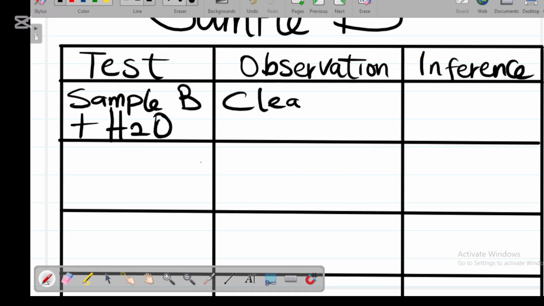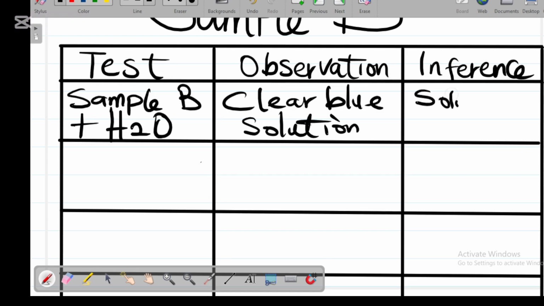The observation is clear blue solution. And your inference should be soluble salt present.